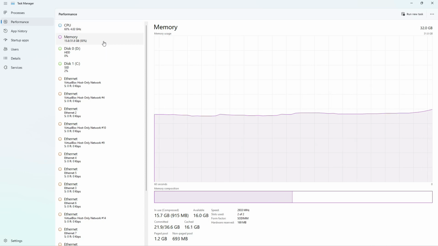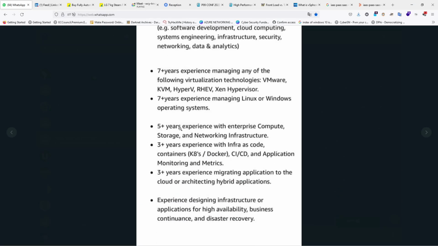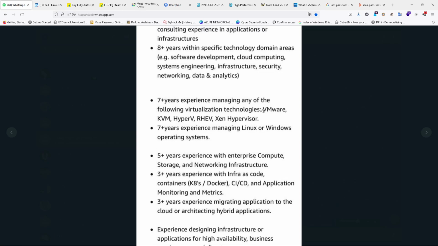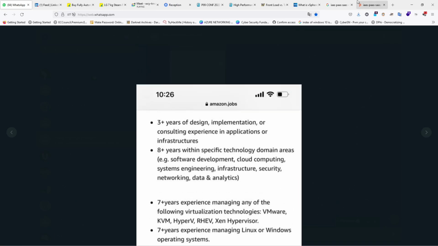They want to ask how you are managing the infrastructure, like how the virtualization software works or not. Because this is hands-on practice they are looking for, VMware or maybe KVM or Hyper-V hands-on.